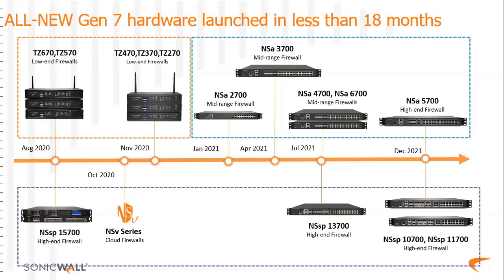Then in October 2020, there's the NSP series of the firewall. In November 2020, there's another series of models launching, which is TZ 470, TZ 370, and then TZ 270. In January 2021, a mid-range firewall is launching, which is NSA 2700.